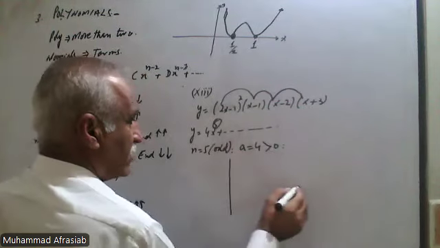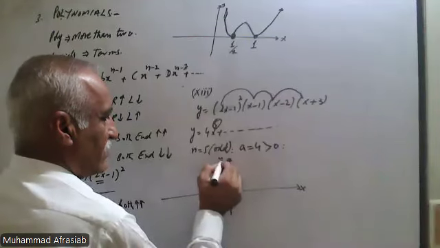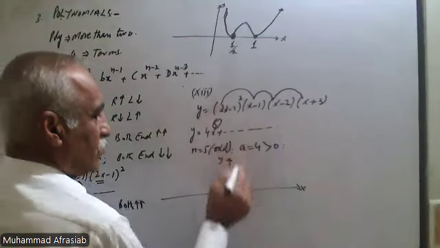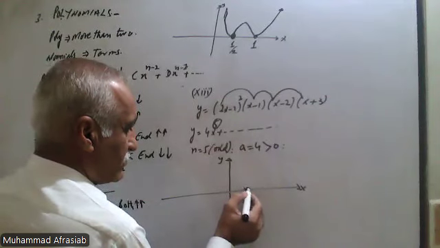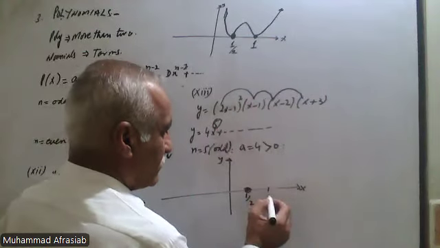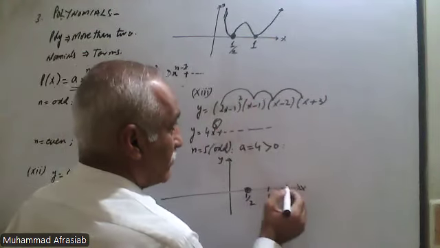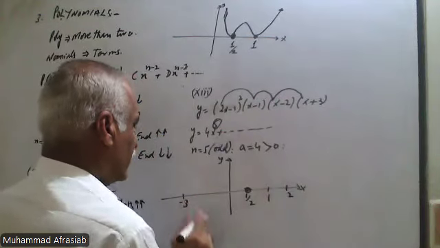So if we have to plot the graph of this, it is x, it is y. If 2x minus 1 is equal to 0, its value will be equal to half, but it is repeated. If x minus 1 is equal to 0, then x will be equal to 1. If x minus 2 is equal to 0, x value will be equal to 2. And if x plus 3 is equal to 0, then x value will be equal to minus 3.